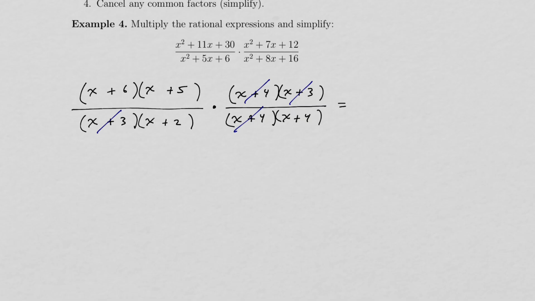So then this is going to simplify into, what's remaining? I have x plus 6 times x plus 5 divided by, and then in the denominator, and then times 1, right? If you want to say there's a 1 here since we canceled everything. And in the denominator, I have x plus 2 times x plus 4. So I'll just leave it in factored form.